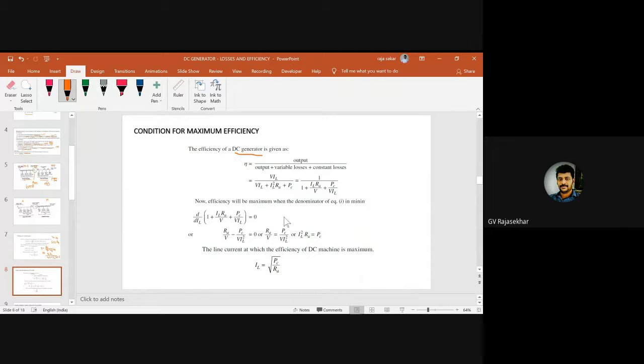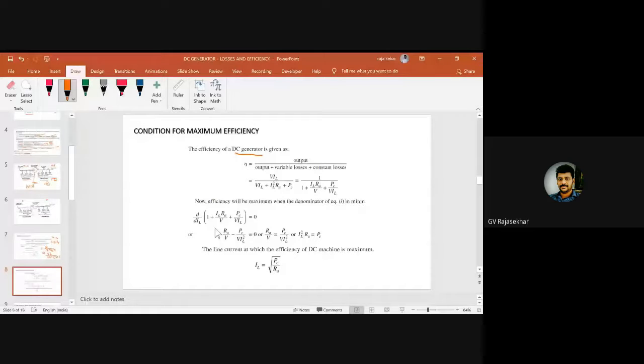So you differentiate the denominator with respect to IL and equate it to zero. If we want a maximum or a minimum, we derive the expression with respect to a variable quantity and equate it to 0. So differentiate this denominator with respect to IL and equate it to 0.